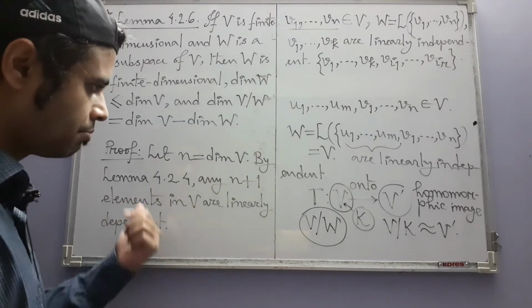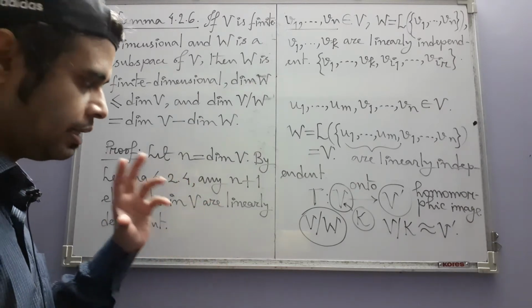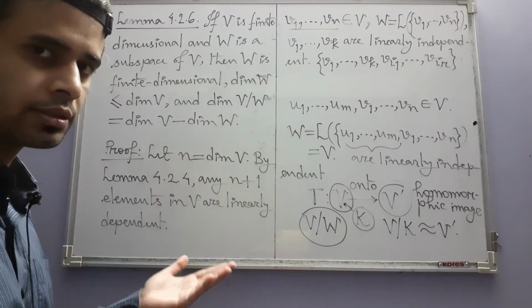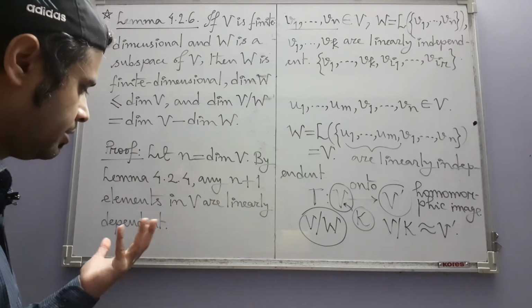If you go beyond that number, any such set containing a larger number of vectors must be linearly dependent.